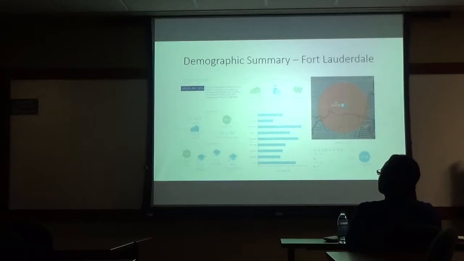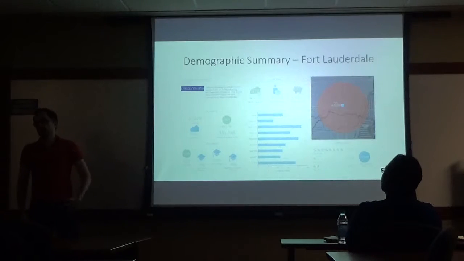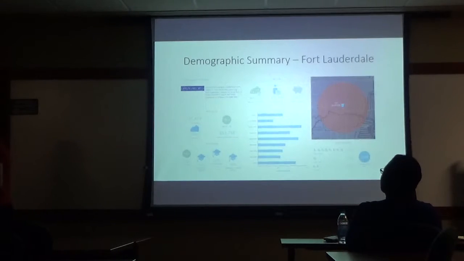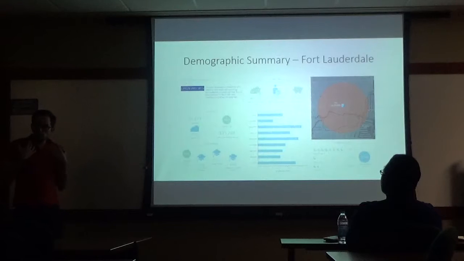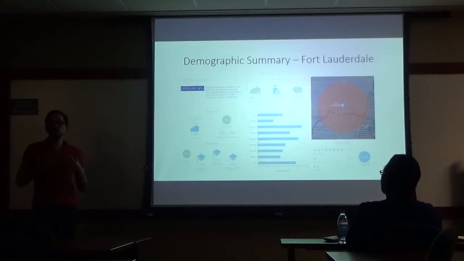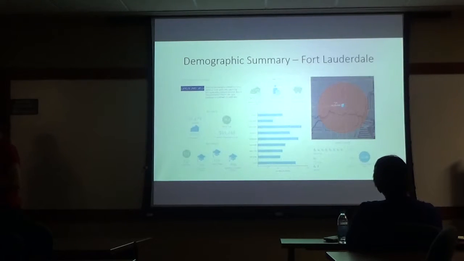And why I also want to do this was because with the implementation of this new Bright Line Express rail, it's going to give also a comparison of different markets between West Palm Beach and Fort Lauderdale in terms of housing, since now residents can commute between the cities depending where they live for work or for other recreational activities.